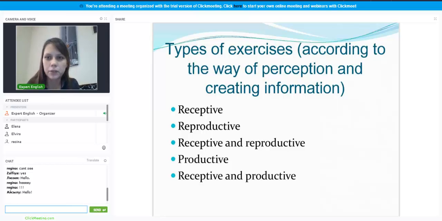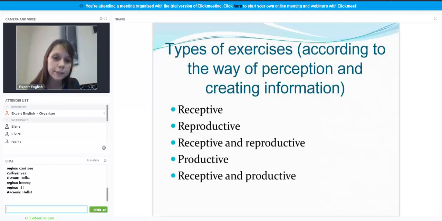So you see on the second slide that types of exercises can be divided into receptive ones, when we receive, when we get some information, and here we can of course speak about listening and reading. When we reproduce something, which is more common for phonetics exercises and different grammar exercises.